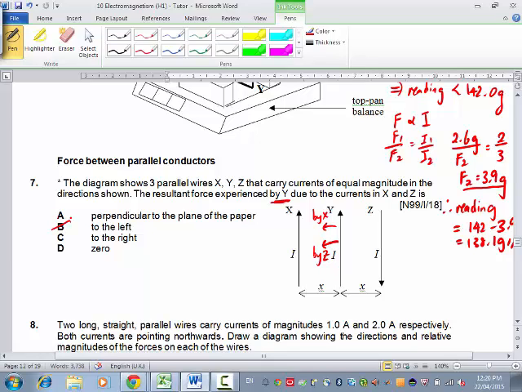Because Y is attracted by X, but Y is also repelled by Z. So one attract there, one repel there, so you will go to the left. We are not really interested in X and Z. We are only focusing on Y. So the answer is to the left.